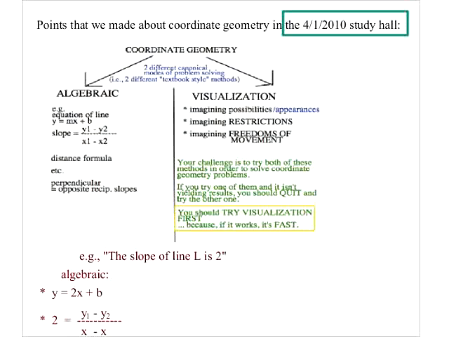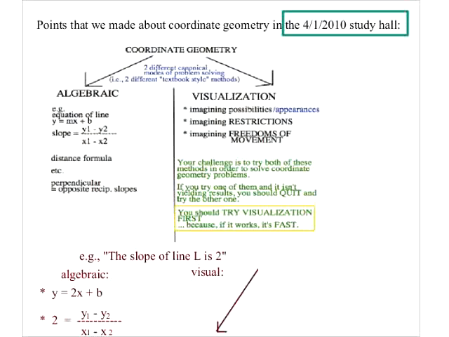Now, with visualization, the way you're going to interpret these things is different. With visualization, the question is, what does this look like? If you're doing this visually, there's no way to really answer that in the text box, so I'll just draw it. What does it look like?